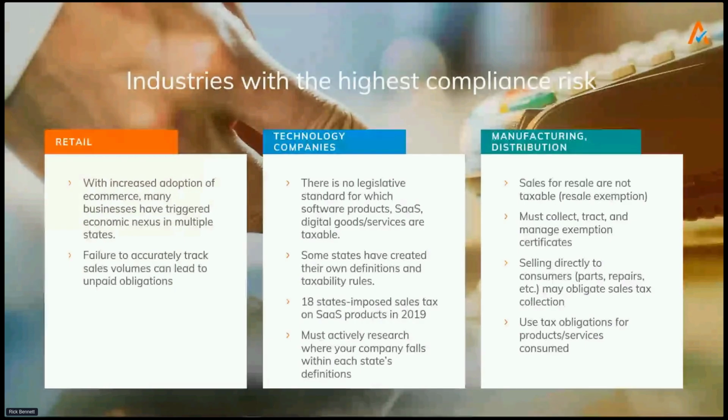Technology companies such as acuCONNECT and Avalara are both what is known as software as a service, and we sell software as a subscription, and that can give a technology company nexus in a state, and it's actually tricky. When you purchase Avalara or acuCONNECT, if you're based in California, you will not be paying sales tax on that subscription.